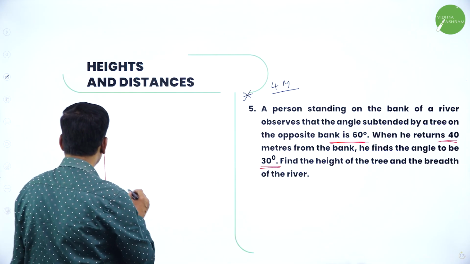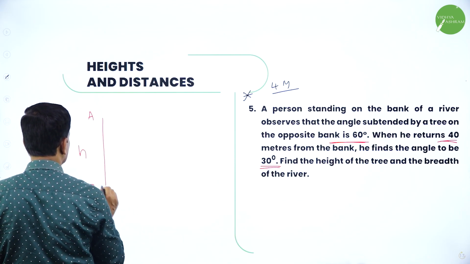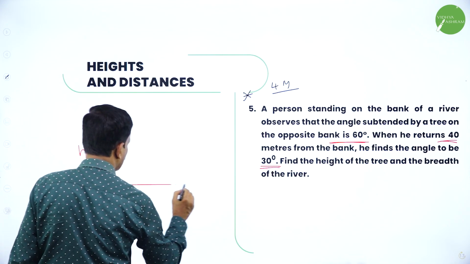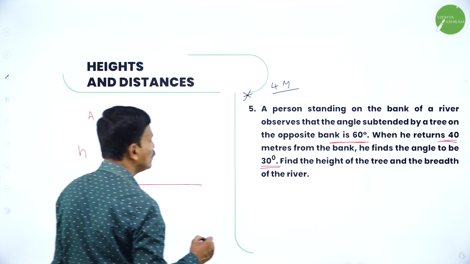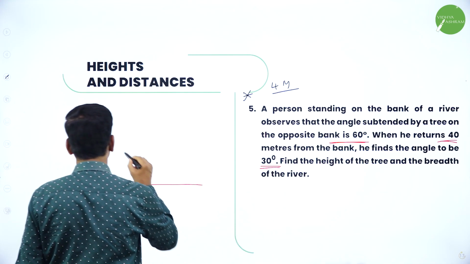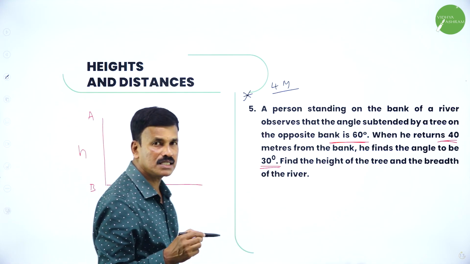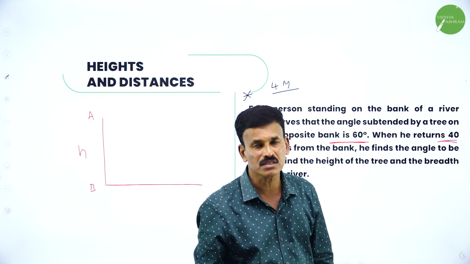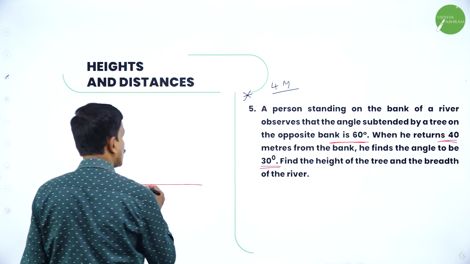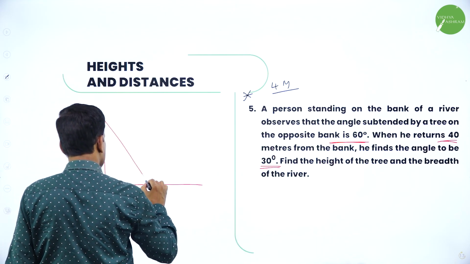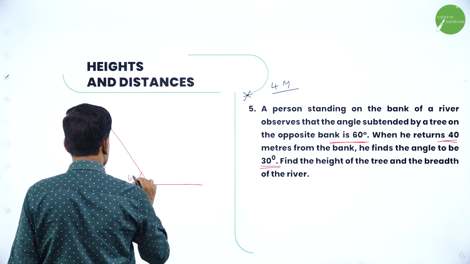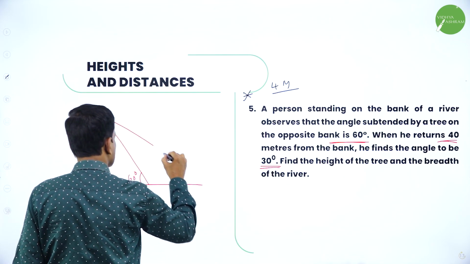Suppose AB is the height of the tree, and this is the bank. The first angle of elevation is found to be 60 degrees, then it is 30 degrees after moving a distance of 40 meters. So this is 60 degrees and this is 30 degrees.